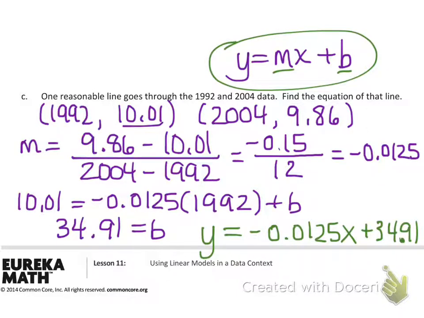Okay, so first of all, there wasn't an Olympics in the year 0, and probably that's not a good prediction, right, for this 34.91 for a mean time for that race. I don't think people were that slow that long ago. So we'll come back to that in a minute.